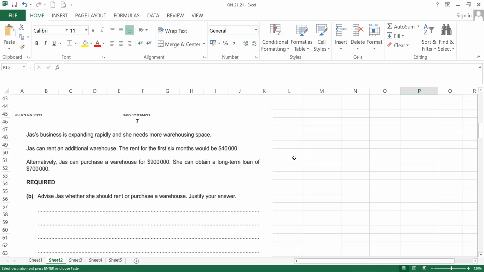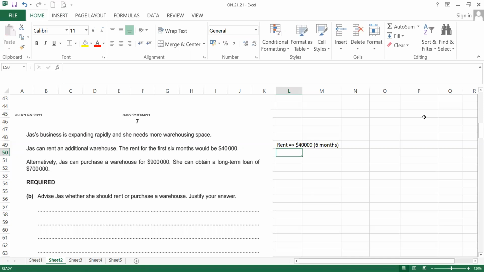Pros and cons of the purchase. When you rent, what is the benefit of the rent? Here the rent for the first 6 months will be 40,000. So this is the cost that she needs to incur.